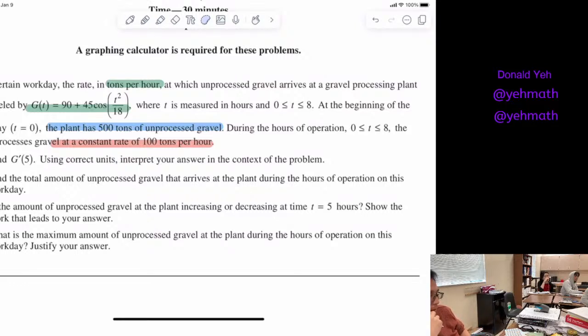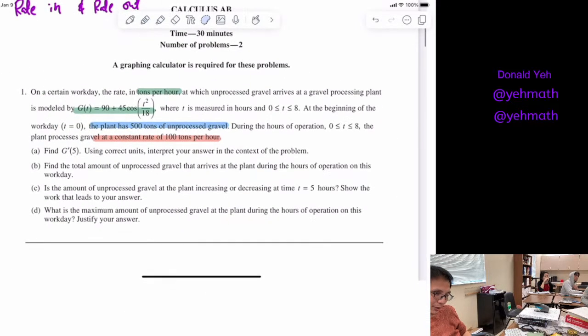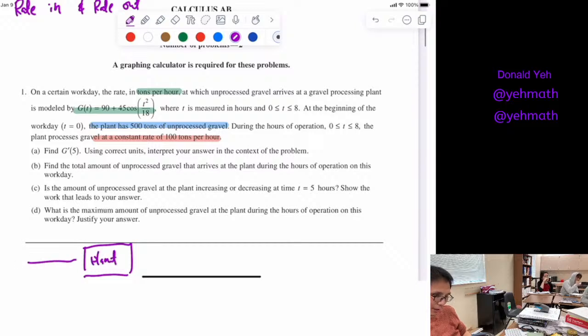Okay. So let's kind of draw a situation for you. There was some type of factory. We're gonna call it this gravel plant. And there was gravel that comes in, and there was processing coming out. So there's the in, and there's the out.